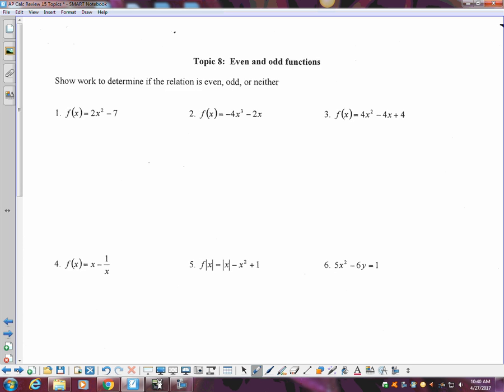Okay, so we need to write this down. So if you do f of negative x, that means everywhere there's an x, you shove a negative in it. Not beside it, in it. If you do that and you get the original function back, and that's when I say it eats it, it's gone, then you're even.